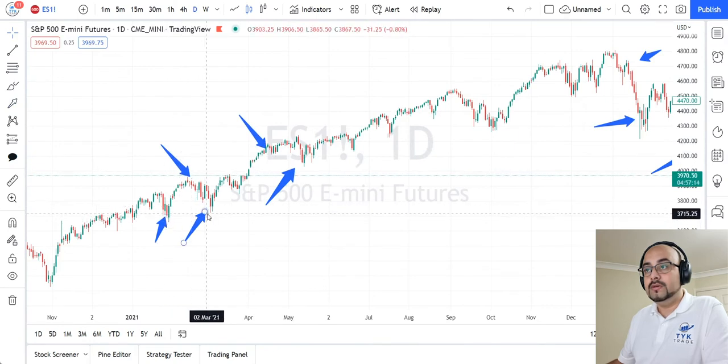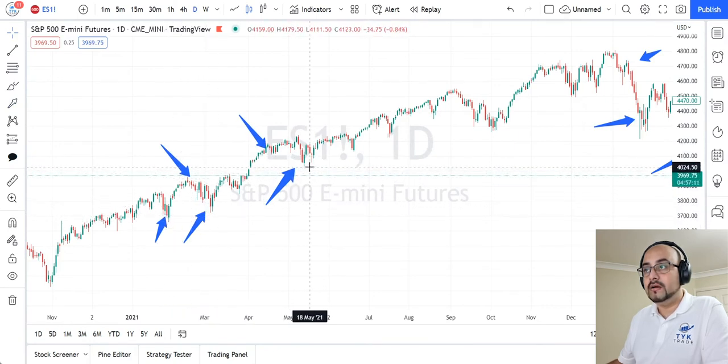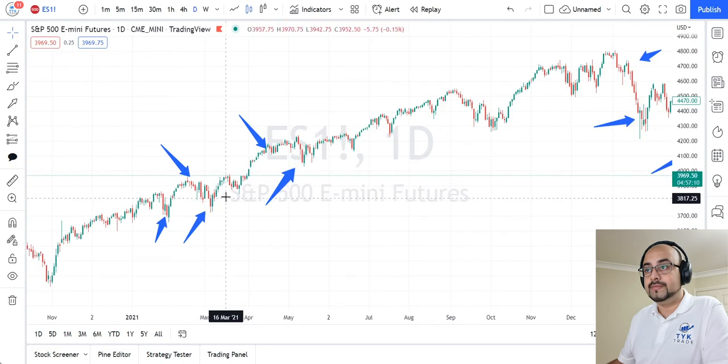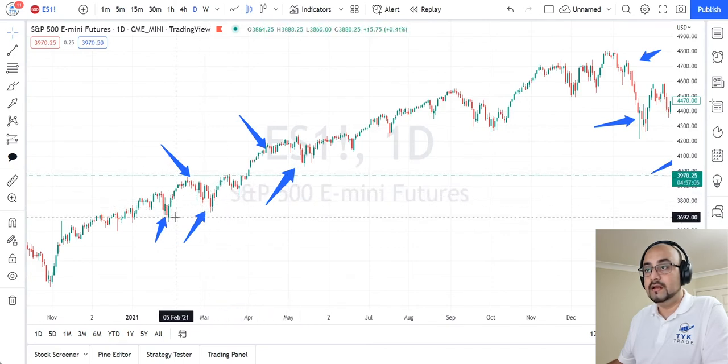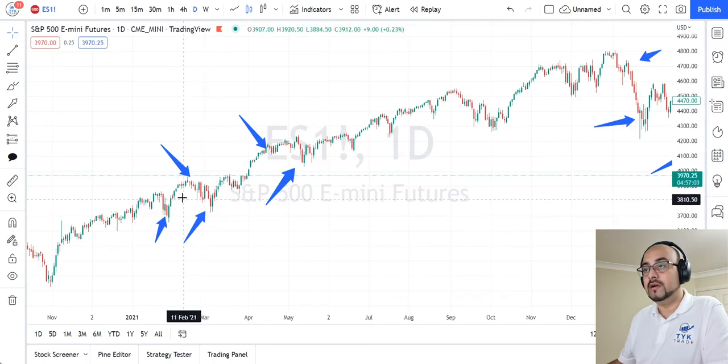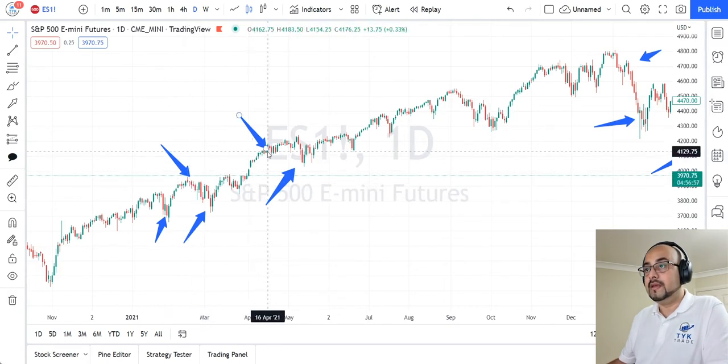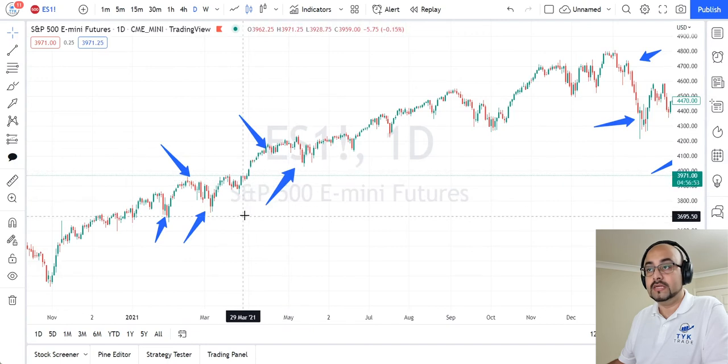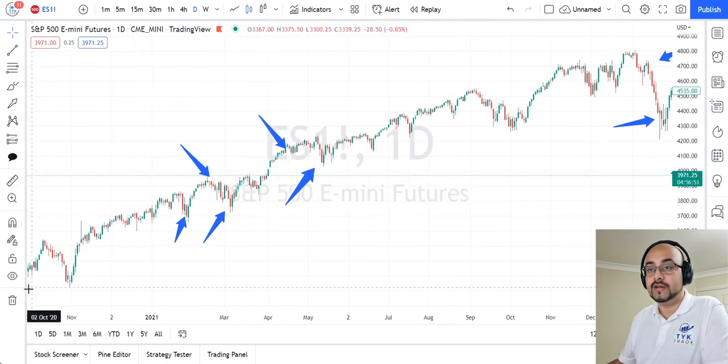So these lows are making higher levels. Every time it comes back at a higher level than the previous level. So this is a higher low, and every time it goes up at a higher level compared to the previous high. So this is higher high and higher low. This is the definition of an upward trend.